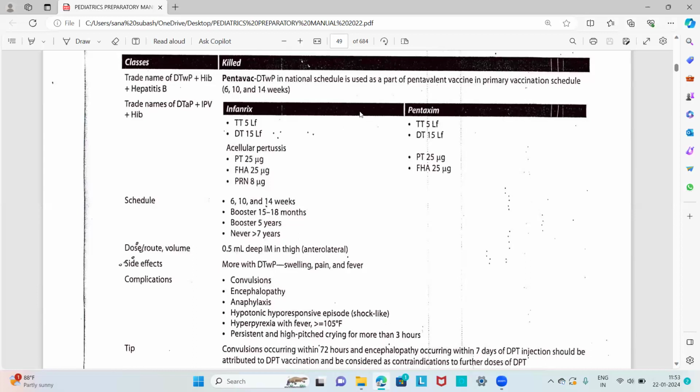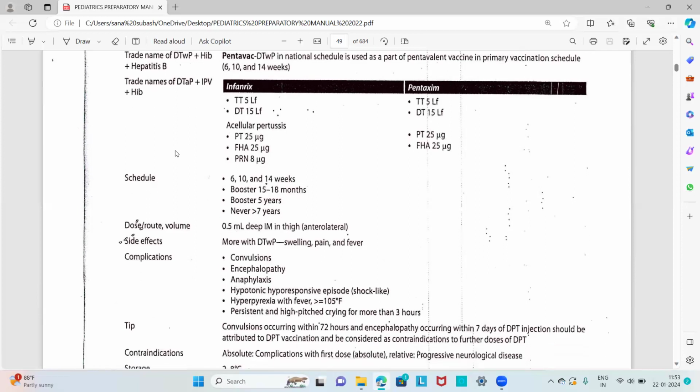The primary vaccination schedule is 6, 10, and 14 weeks. We have to give the pentavalent vaccine. And the components are diphtheria, pertussis, tetanus, then Haemophilus influenzae type B, and hepatitis B vaccine. And the schedule is 6, 10, and 14 weeks, booster at 16 to 24 months, booster at 5 years, and never greater than 7 years. Dose is 0.5 ml deep intramuscular in the thigh, the anterolateral part of the thigh.